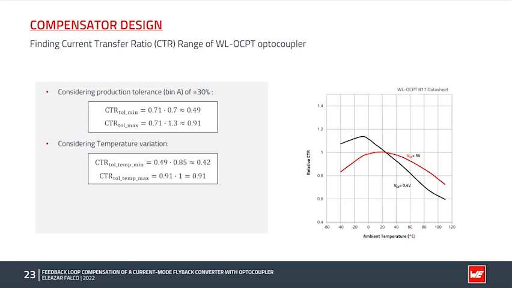Now considering the temperature influence, for a temperature range between minus 40 degrees and plus 85 degrees, we see that we need to scale the minimum CTR by a factor of 0.85. The maximum is 1, so it does not change here. These curves are also provided in the WL-OCPT optocoupler datasheet.